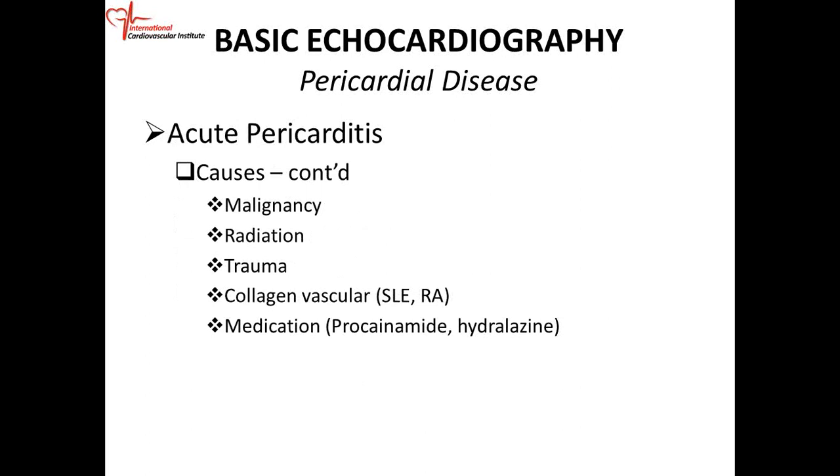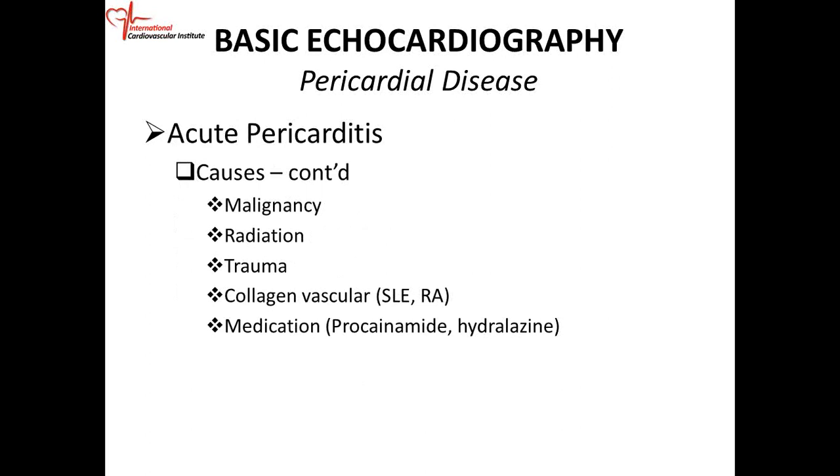Other causes of acute pericarditis: malignancy, cancer. If you have cancer in close proximity to the pericardium, you can get inflammation of the pericardium, pericarditis. Radiation: patients who have tumors in the chest and get radiation can develop acute pericarditis.